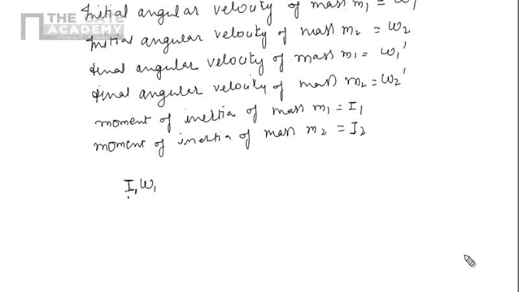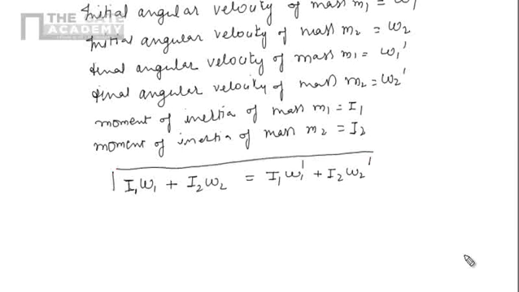That's why the expression is I1 omega 1. Similarly, for mass 2, I2 omega 2. And it will be conserved, so the final will be I1 omega 1 dash plus I2 omega 2 dash. This is how we write the equation for the law of conservation of angular momentum.